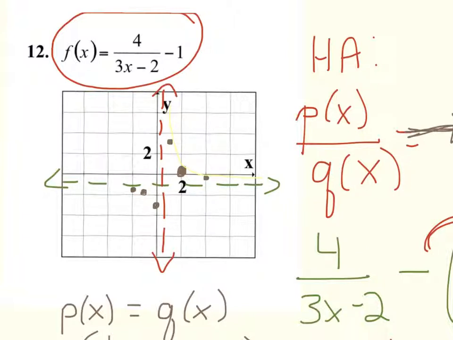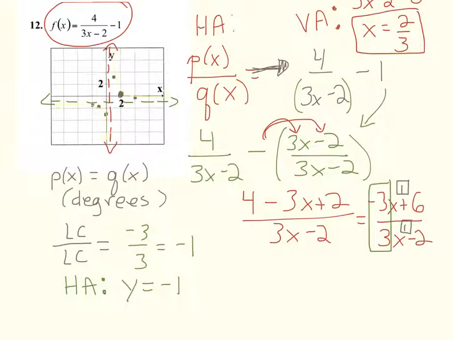I generally pick points on either side of my intercepts so that I can see how fast it's going to approach the asymptotes. And last, we have to find the domain and range. Domain is all the possible set of x values. So when I look at my x-axis, I could plug in any x value going towards positive infinity, except for this 2/3, that will block me.